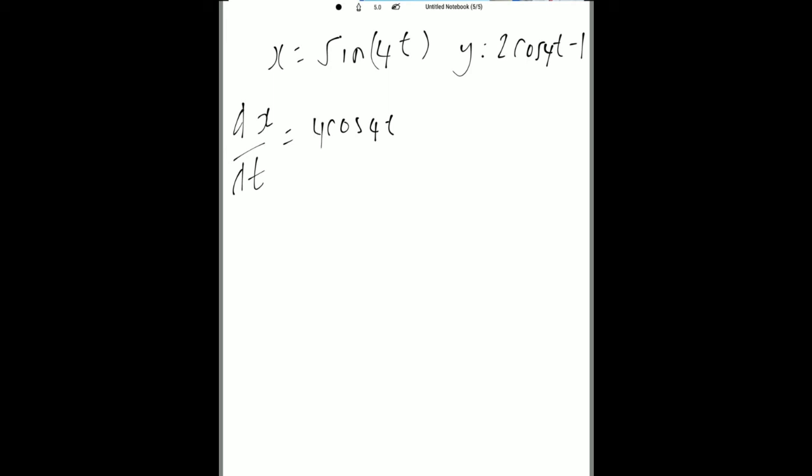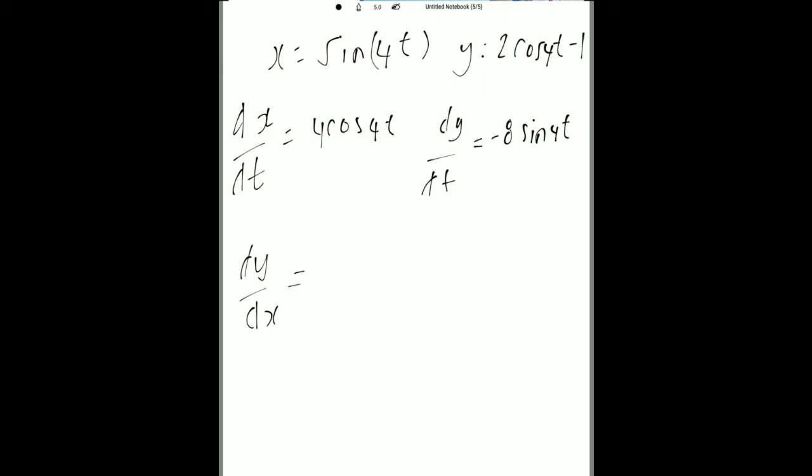Now, to differentiate y with respect to t, we differentiate 2 cos 4t. Differentiate cos, you get negative sine, and differentiate 4t, you get 4. So that is negative 8 sine 4t. The differential of negative 1 is 0, so that's all we have there. Then we know that dy by dx would be equal to dy by dt divided by dx by dt.